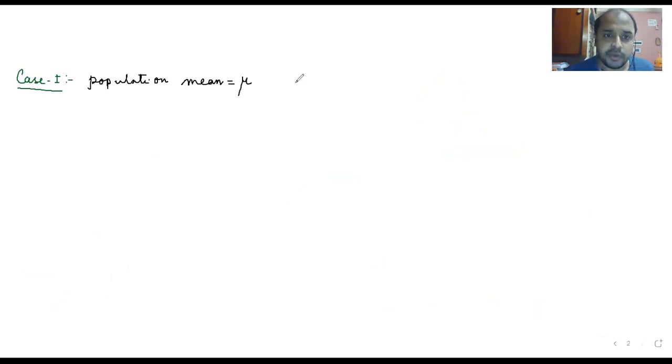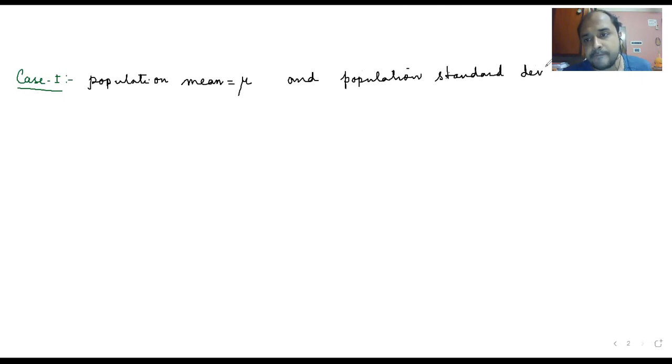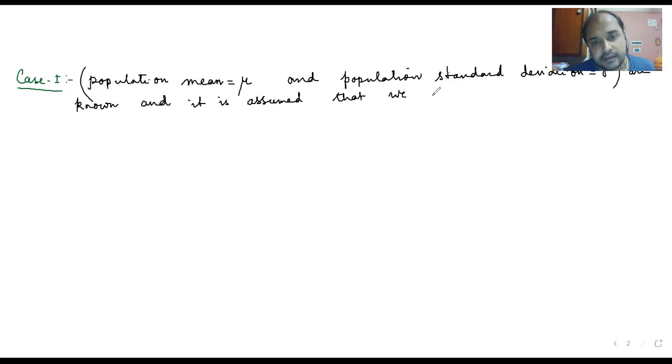So population mean mu and population standard deviation sigma, these two items are known, and it is assumed that we are dealing with a normal population.